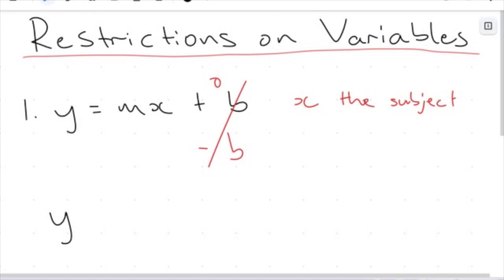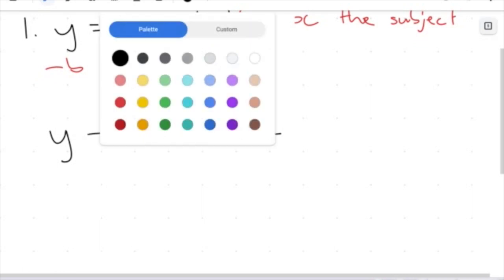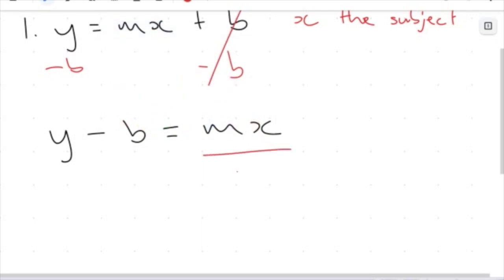Now, because we're subtracting b from both sides, I'm going to get that y minus b on the left hand side equals m multiplied by x. And because the m is multiplying by x, to undo this and get x on its own, we want to divide by m.